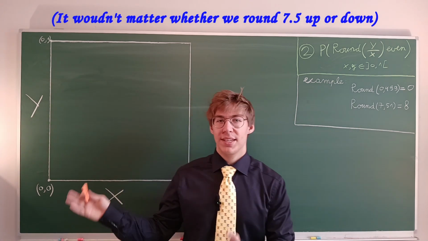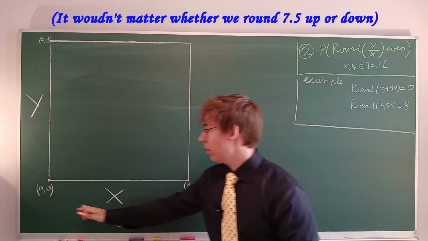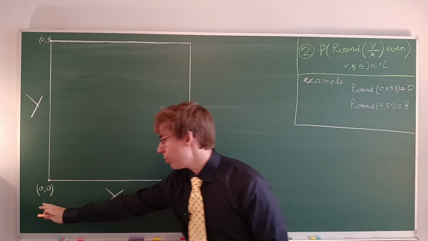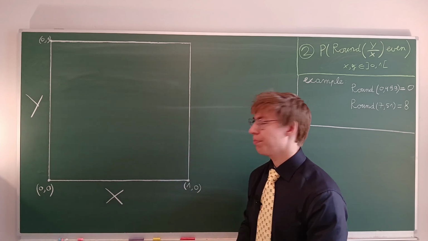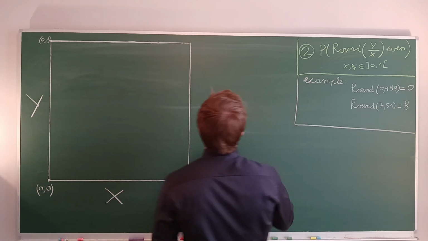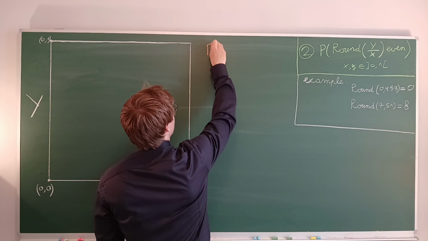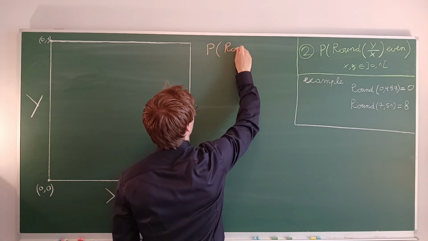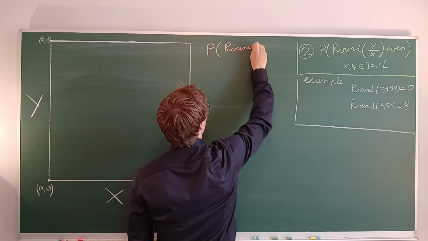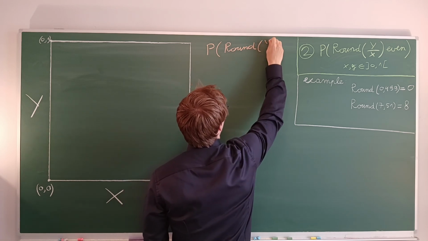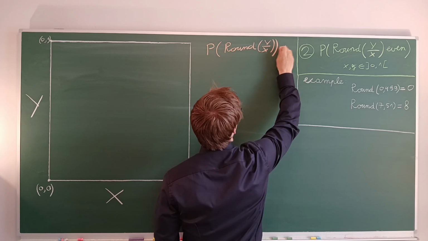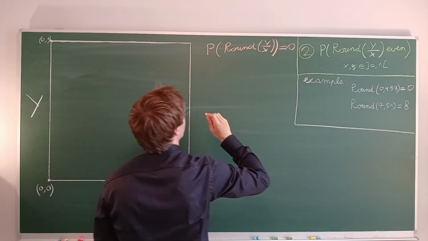So we can represent this in a grid, with x on the x-axis and y on the y-axis, and points between 0 and 1. Now, let's first look at the probability that round of y over x is exactly 0.